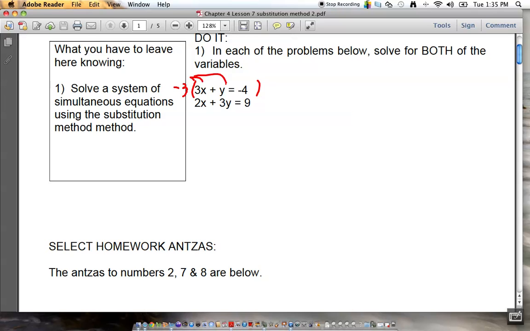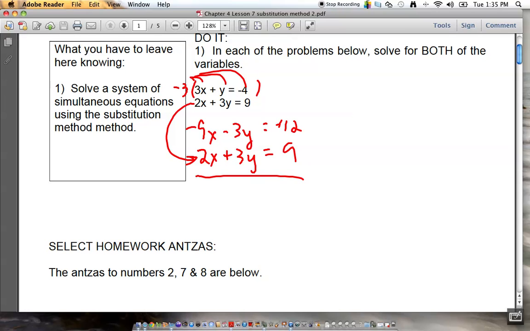Watch what happens. -3 times 3x is -9x. -3 times y is -3y. And -3 times -12 is +12. That negative sign serves to change every sign. And then here, I just stay with 2x plus 3y equals 9. In other words, this bottom one, I'm not changing anything, because now the 3y's match up.